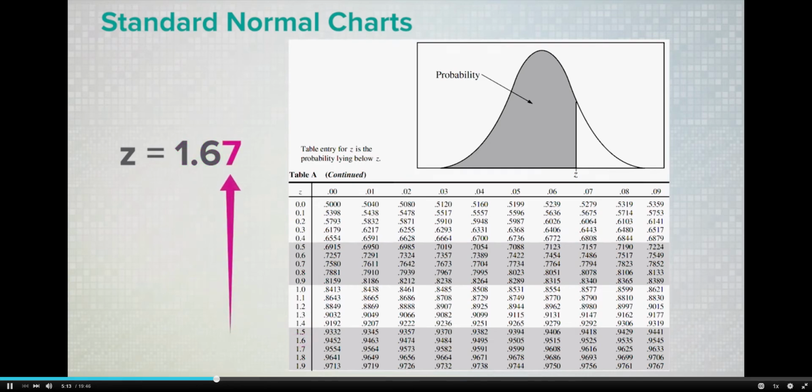Now the 7 is in the hundredths place. That's what I look for on the top of my chart. So I'll look for 0.07 on the top. So looking at 1.6 and 7, what I want to do is move over and down to get my area, which is 0.9525. That'll be the area we'll need.